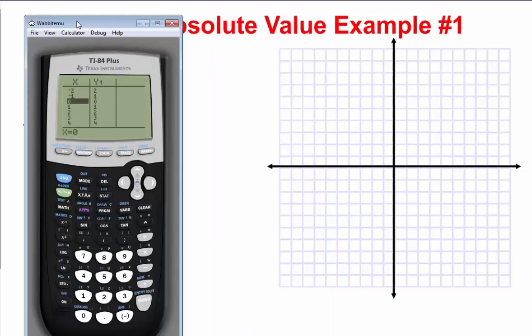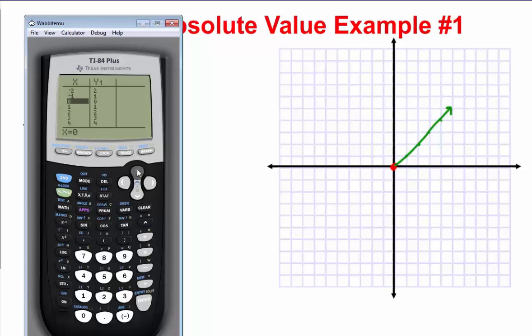So let's graph our vertex, 0, 0. And then let's graph some other points. Some points in the table below my vertex are 1, 1, 2, 2, 3, 3, 4, 4, and so on. So I put an arrow to show that that line will keep going.